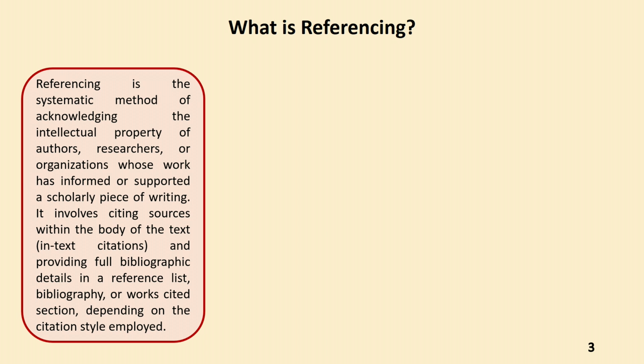It involves citing sources within the body of the text, in-text citation, and providing full bibliographic detail in a reference list, bibliography or works cited section, depending on the citation style employed. So you can clearly see what referencing intends to mean.